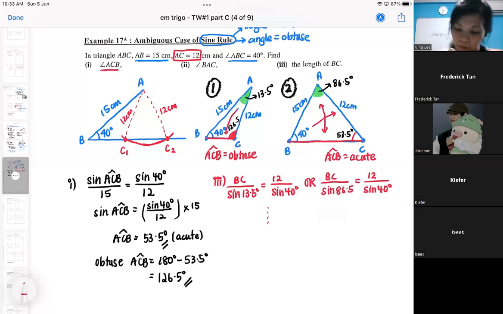But I think you will get the same angle. Is it the same? I can't remember. So go and work it out. So that is the ambiguity that can happen.